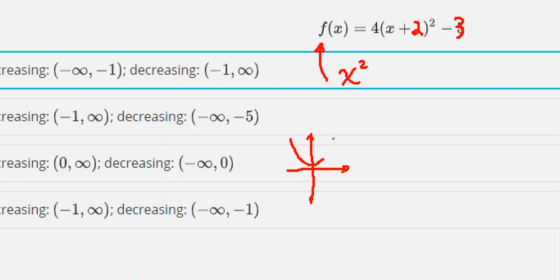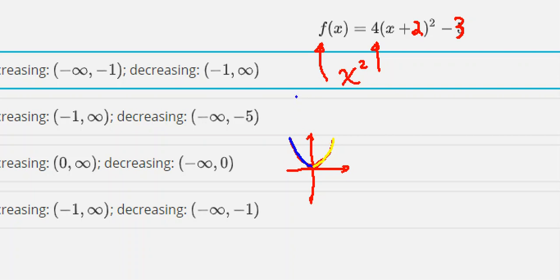This is my x square, which is a parabola, right? It's decreasing on this branch, and it's increasing on this branch, right? Now, the first thing that I want to do is look at the scale, the 4. What does this 4 do to this particular function?